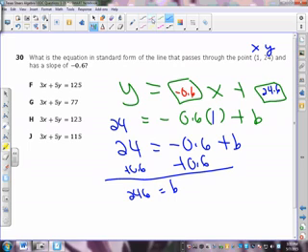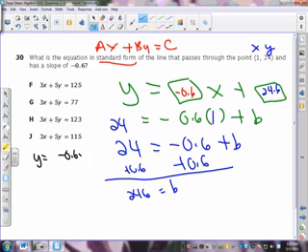Okay, but we know standard form is ax plus by equal to c, where a, b, and c are integers, and x and y are on the same side. So we're going to have to get that form. We're starting out with -0.6x plus 24.6.